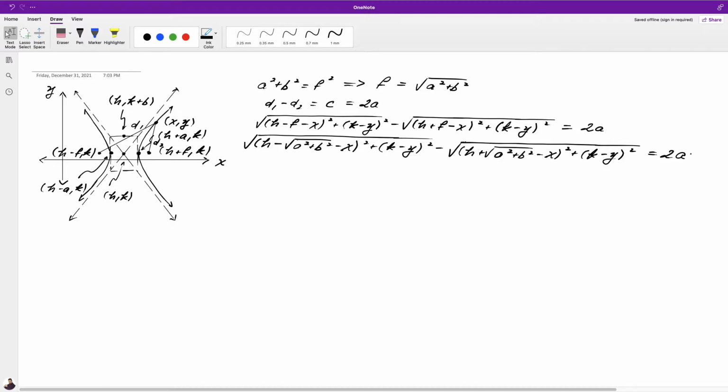Just replacing f with the square root of a squared plus b squared, which we've defined it to be based on our two slant asymptotes. Making sure that that is defined correctly and making sure we've done our work correctly, of course, as well. Yes, indeed, we have.